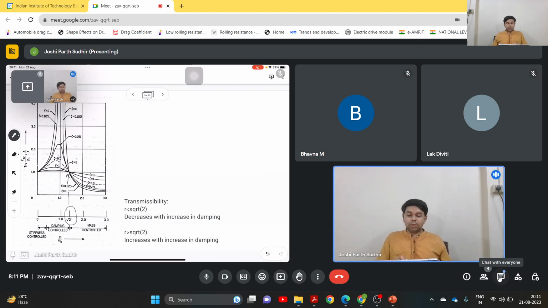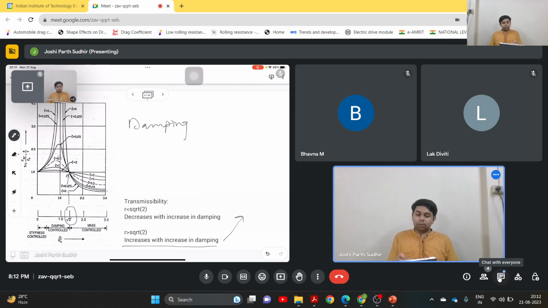When r is less than square root of 2, the transmissibility decreases with increase in damping, whereas when R is greater than square root of 2, the transmissibility increases with increase in damping. So that is the zone where damping is detrimental.